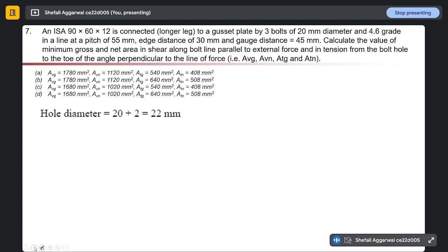So what is given to us? Diameter of bolts 20 mm, then diameter of hole will be 22 mm.